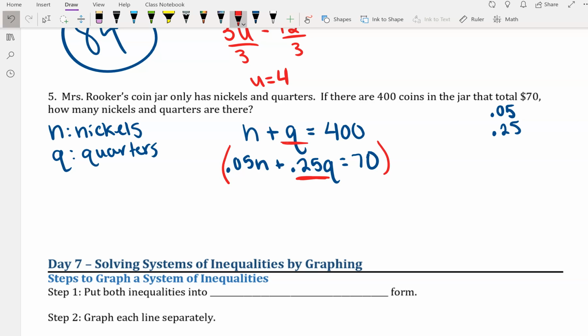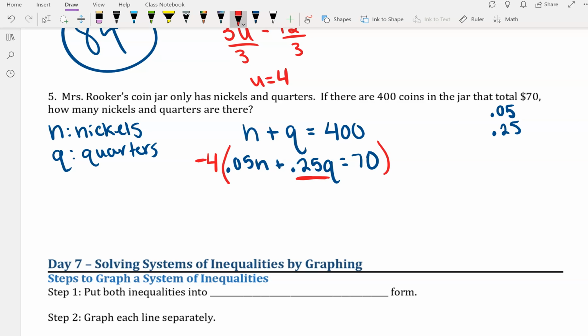If I multiply this bottom equation by 4, there are 4 quarters in a full dollar, and so that will end up giving us a full dollar here, which will cancel out with this, which is a whole number. But I want it to be negative, so it'll cancel out. So whenever I have quarters and I want to cancel those out, I multiply by -4. All right, so I multiply everything by -4.